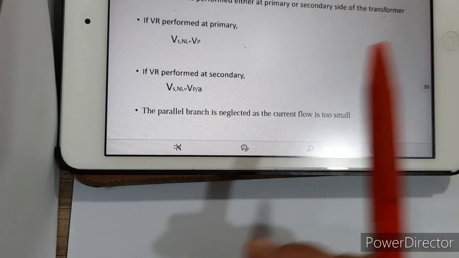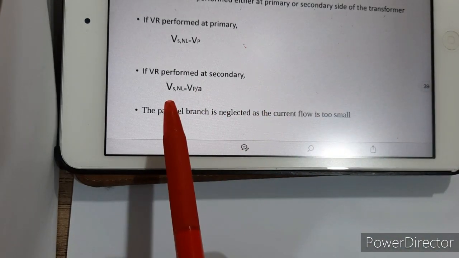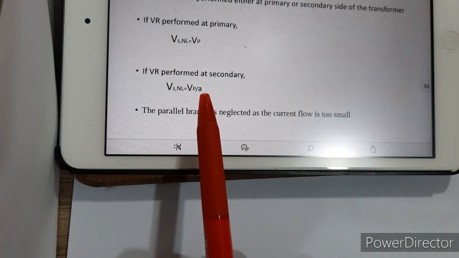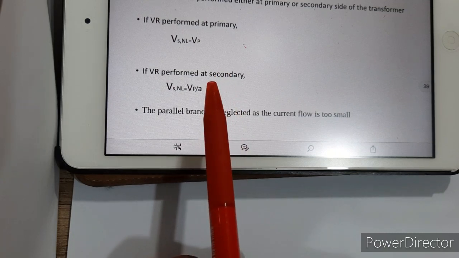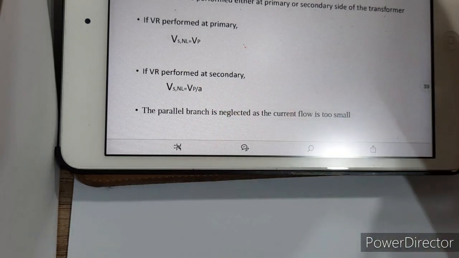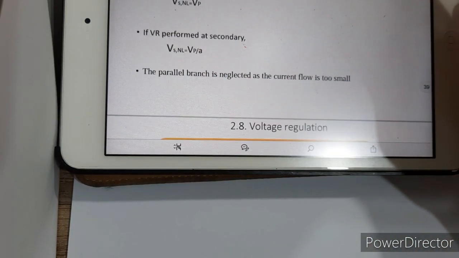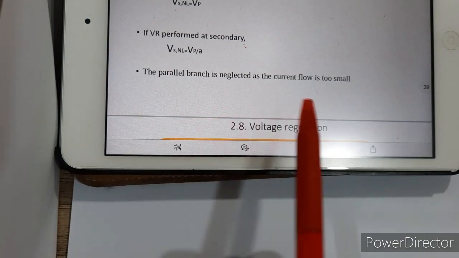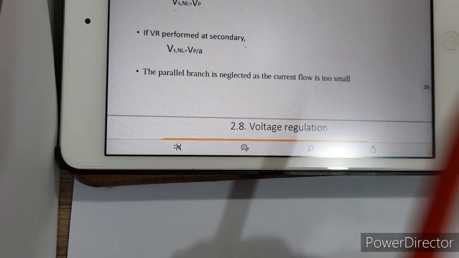If we perform it at the secondary, Vs no load equals Vp over A, where we bring the voltage at the primary side to the secondary side. And then the parallel branch is neglected as the current flow is too small.